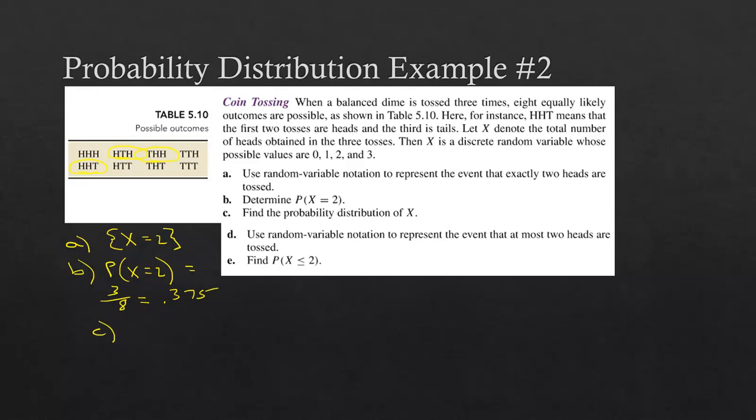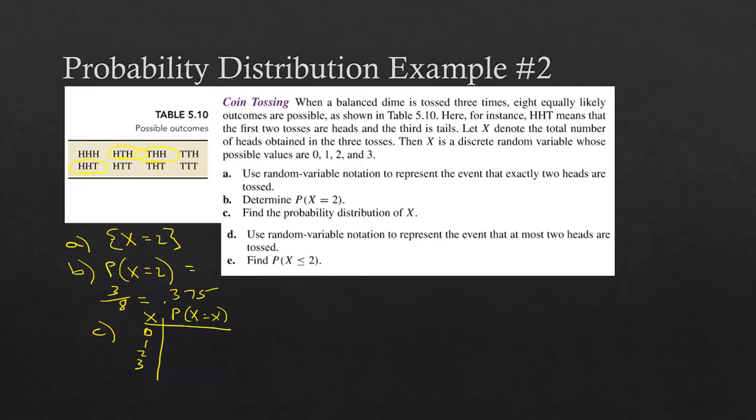Okay, well, let's look at letter C. Find the probability distribution. Well, that should be fairly easy for this one because we only have 4 outcomes, 0, 1, 2, and 3, and they want us to find the probability distribution. All right, so what's the probability that we toss 0 heads? Well, there's only one up there, TTT, where it has 0 heads.